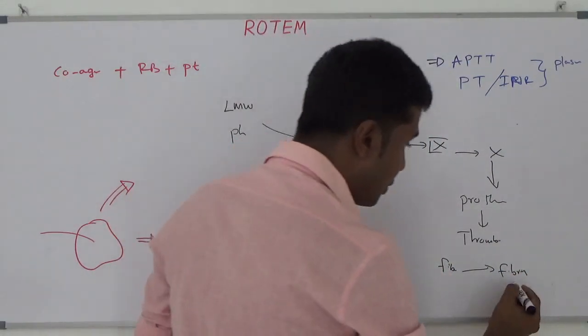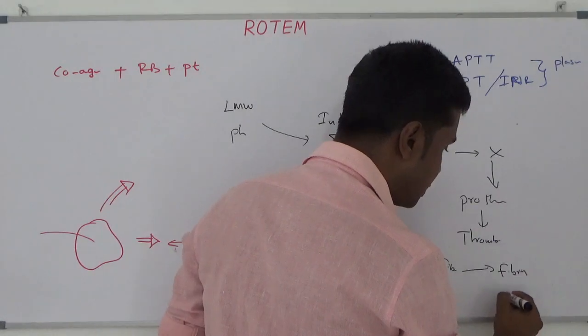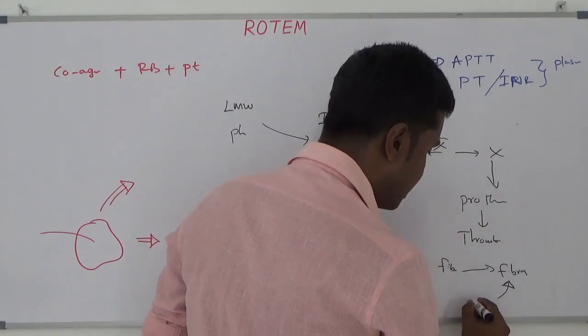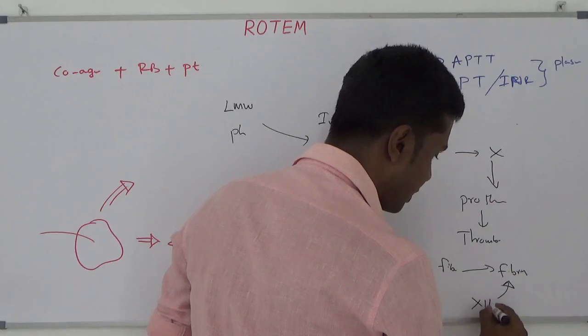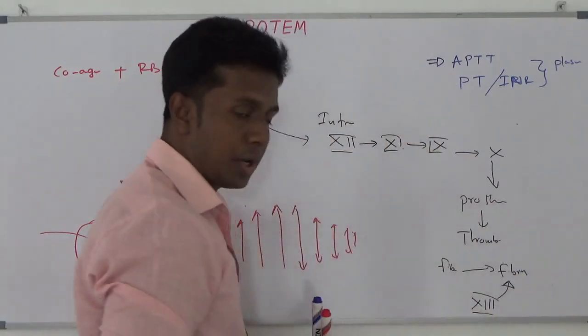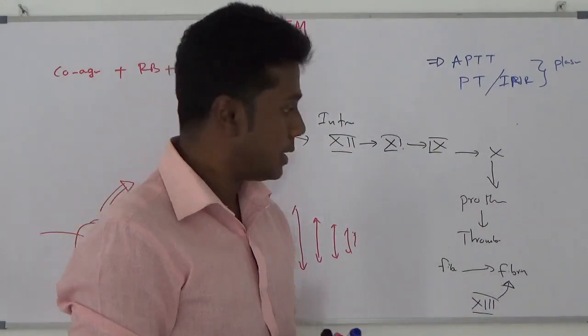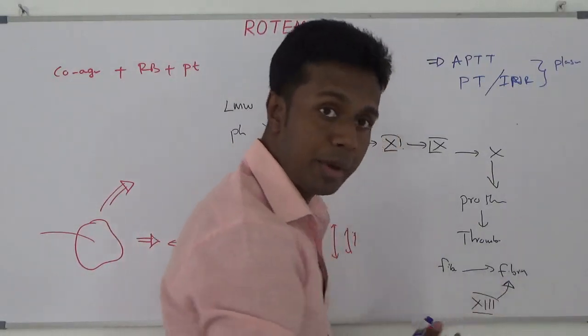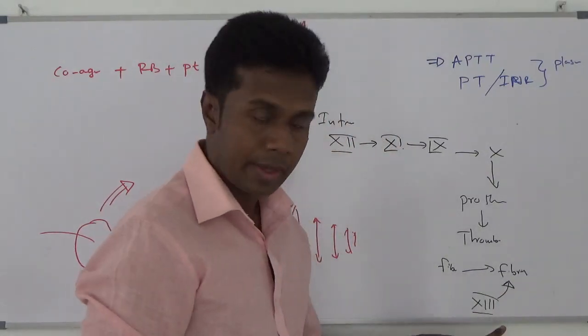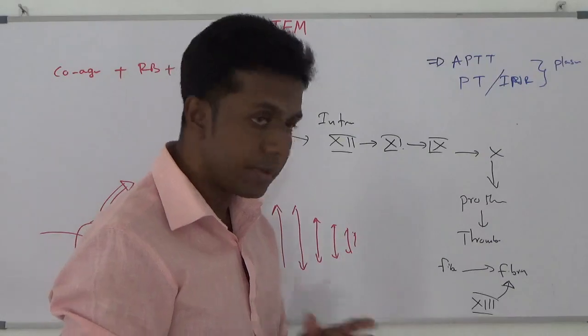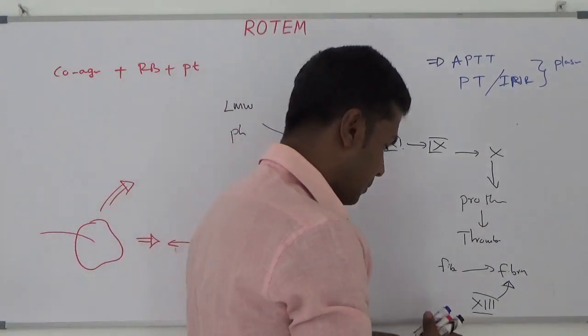Your fibrin monomer can be cross-linked by the action of factor 13. To make a stable plug, you need fibrin monomer cross-linked with the help of factor 13. In addition to that, platelets as well.